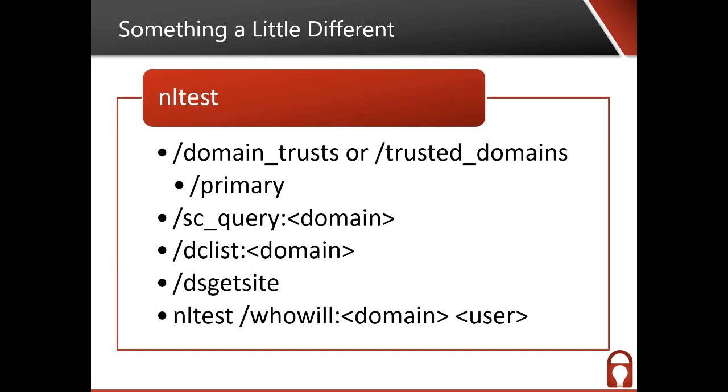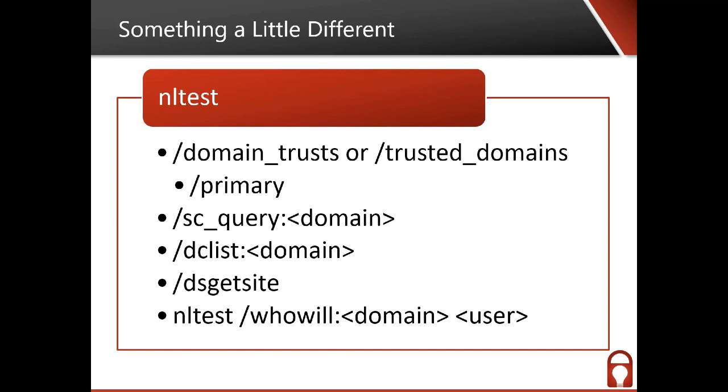Now, there's another command that you could use to start getting information about domains and forests, and it's called nltest. This command is often overlooked because it was really only used by Active Directory administrators for diagnostics and troubleshooting any sort of domain issues that are happening at the time. But because of what it was created for, as expected, it can give you lots of detailed information.